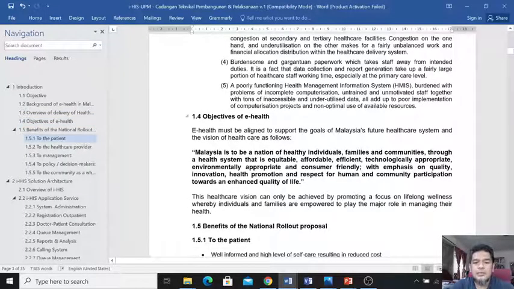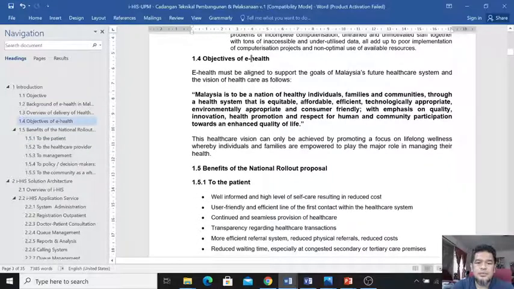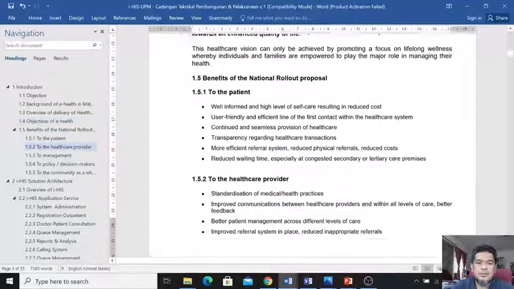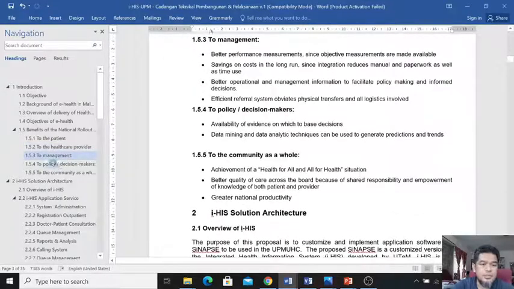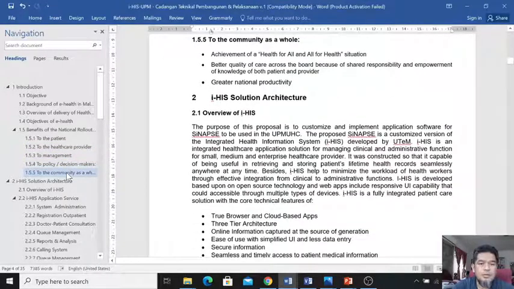Okay, and then you state the objective of e-health, for example, the benefit to the patient, to the healthcare provider, to the management, to the policymaker, and also to the community.